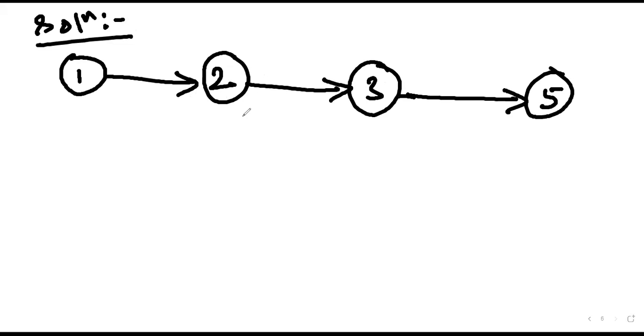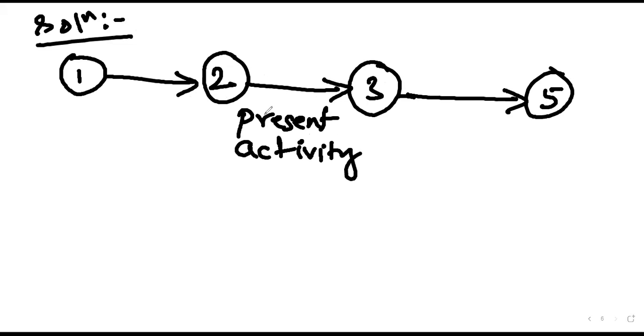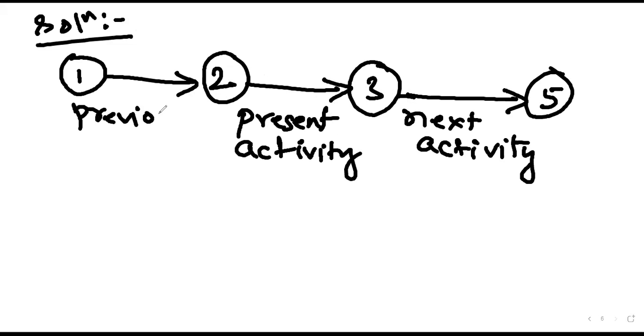As in the previous calculation, we will identify which is the present activity. This is the present activity because for 2 dash 3 we are trying to determine the independent float, and the next activity is 3 dash 5, and the previous activity is 1 dash 2. So these are the 3 different activities.